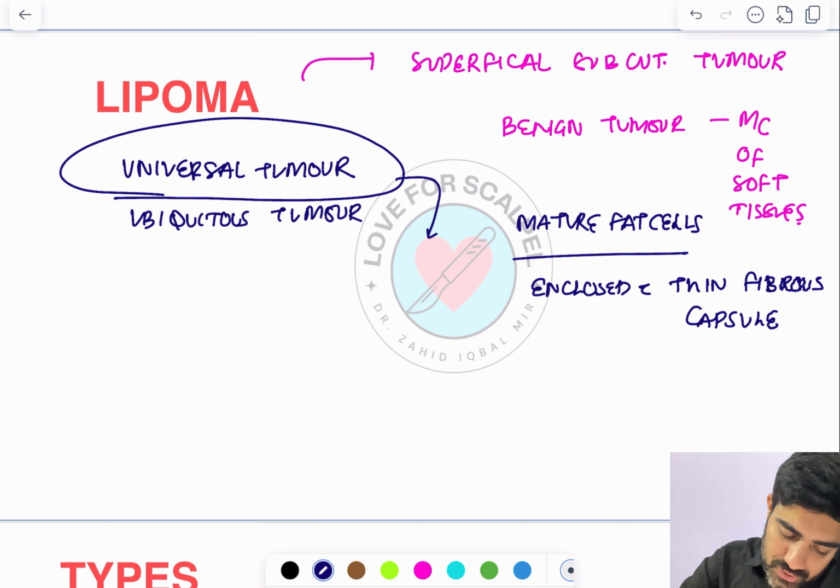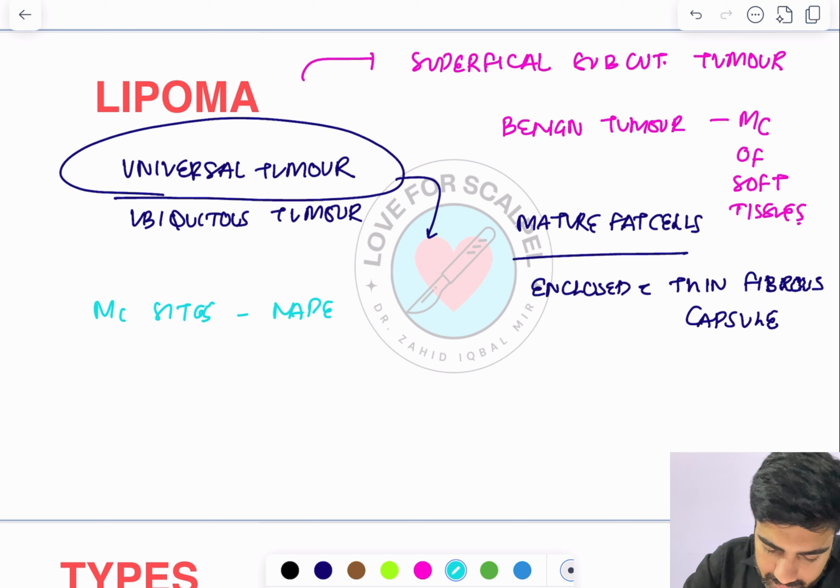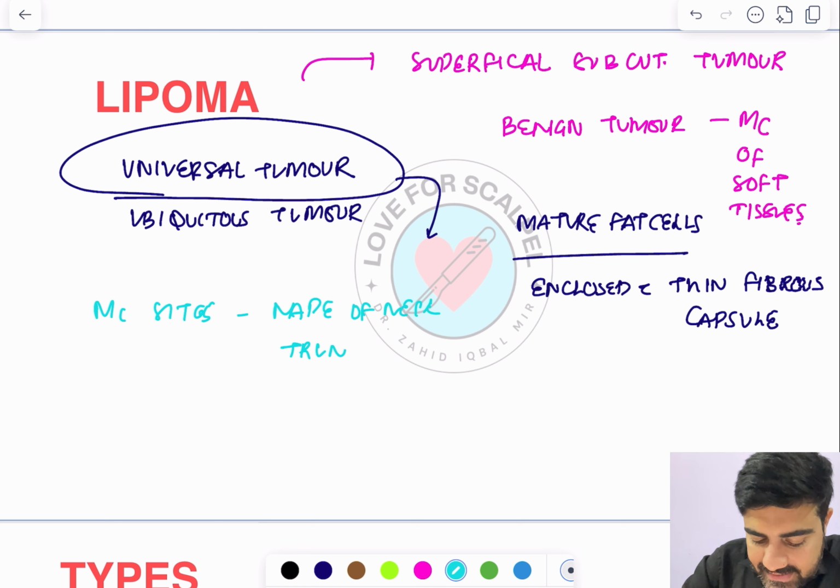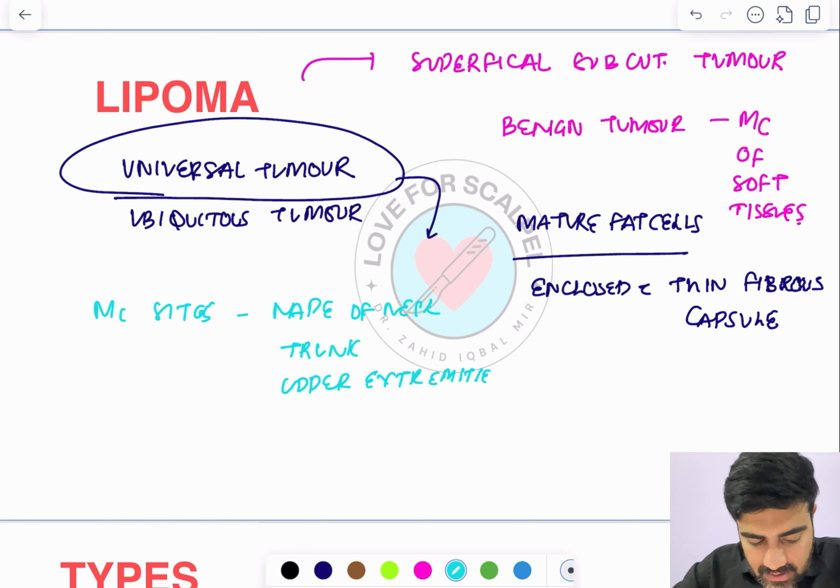The most common sites are the nape of the neck, trunk and upper extremities. These are the most common sites of lipoma.